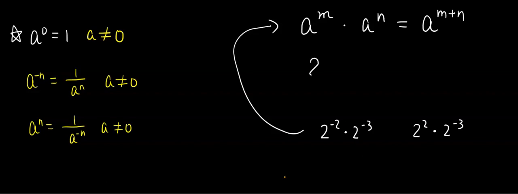Therefore, we're going to keep the base and add the power. What is negative 2 and negative 3? Remember, it's not multiplying, it's adding, okay? To remind yourself, you can even say, I'm going to add these two exponents. Then I have 2 to the negative fifth power.